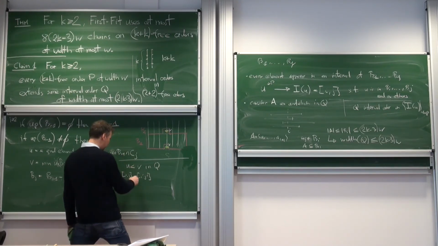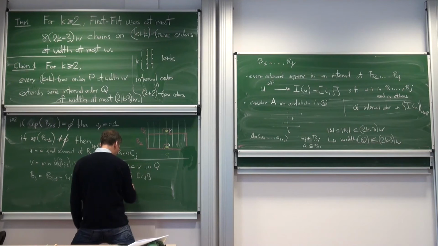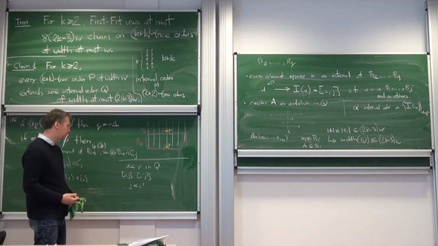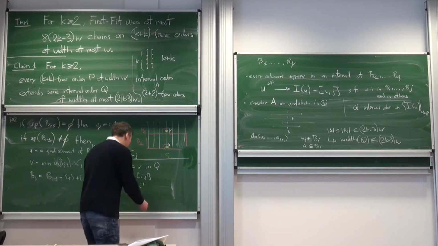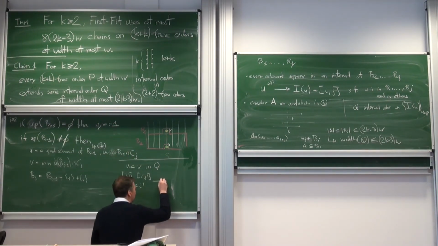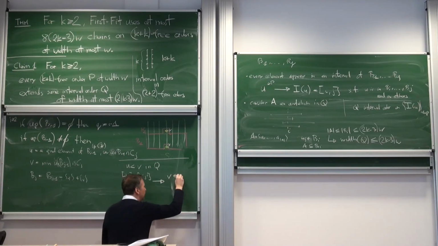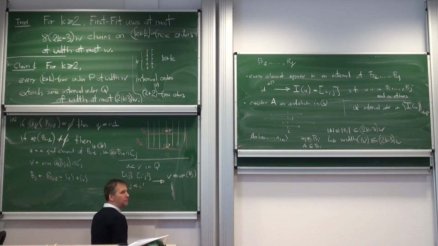And if we have this relation, then this is equivalent with saying that j is less than i prime, correct? But then, what do we know? We know that, first of all, V is not in Bj. It shows up later. So V is actually in the upset of Bj, yes?